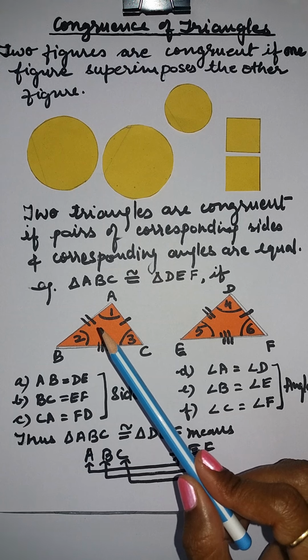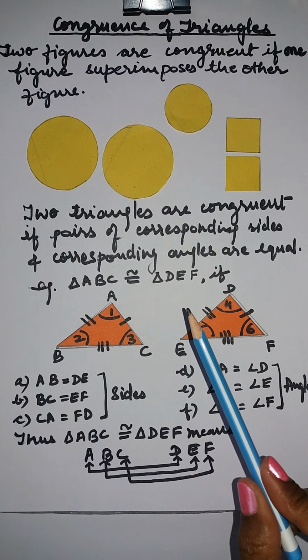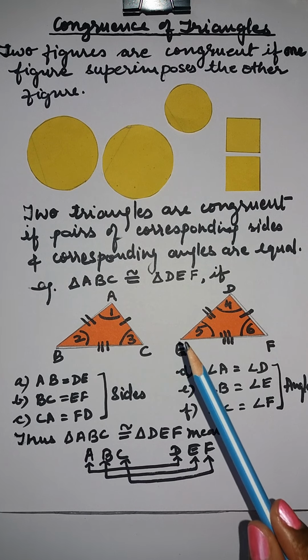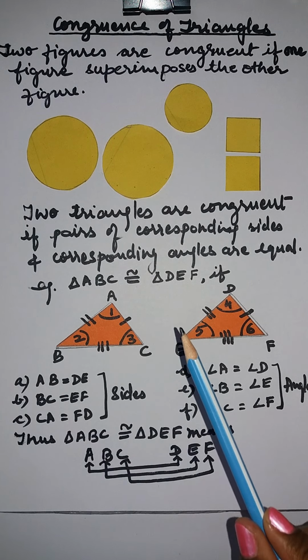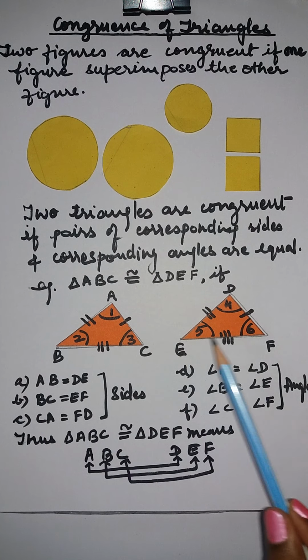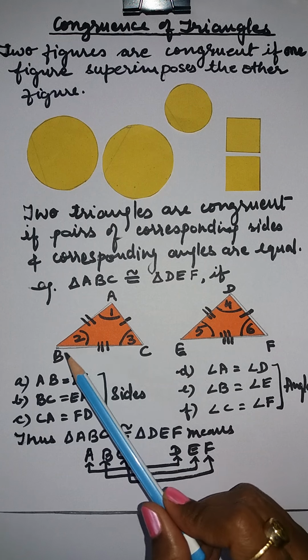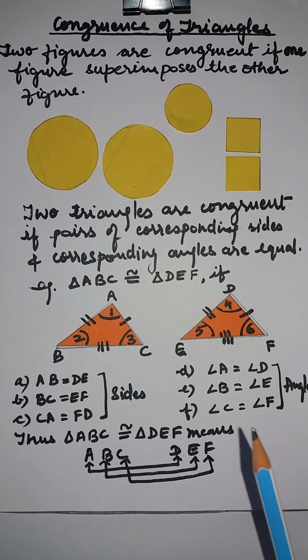So in case of congruence of triangles, it is necessary that we must match the correct vertices. Since a triangle has 3 angles and 3 sides, so there are 6 matching parts in case of triangles.